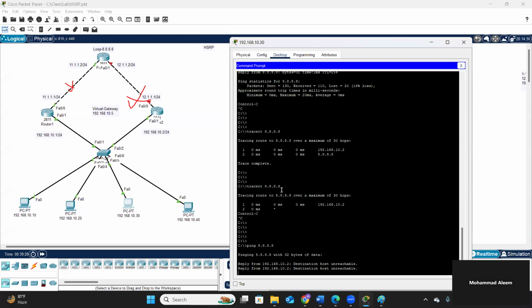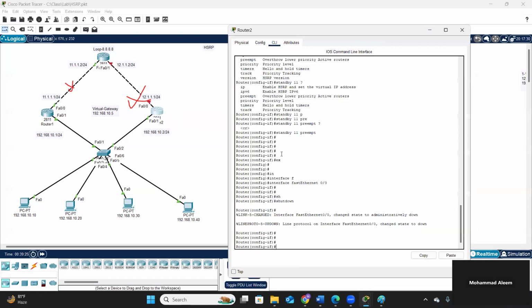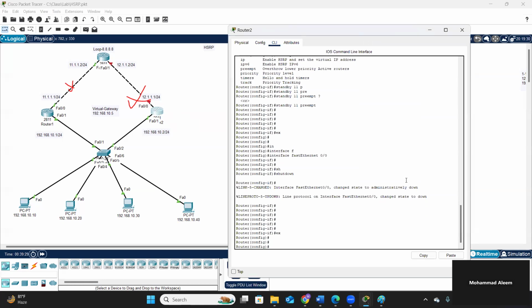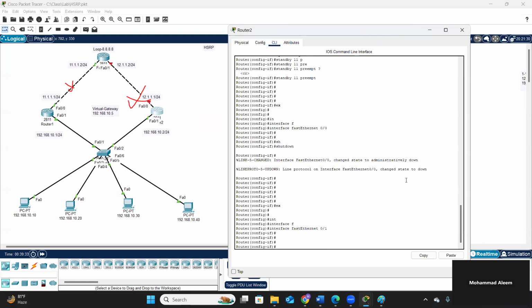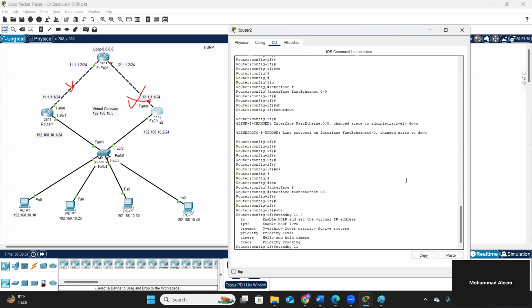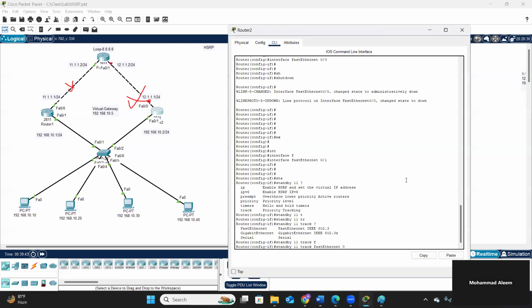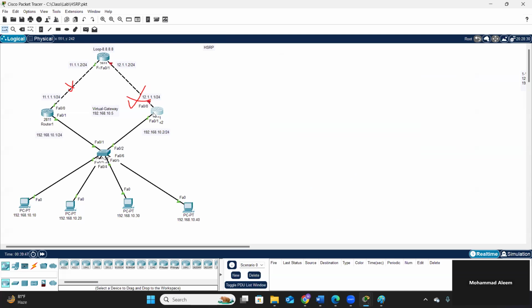For WAN interfaces going down, we have one more option, that is the tracker. Exit from here and move to interface FastEthernet 0/1 and use standby 11 track, and FastEthernet 0/0 is the WAN interface.